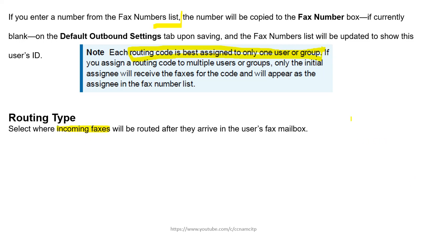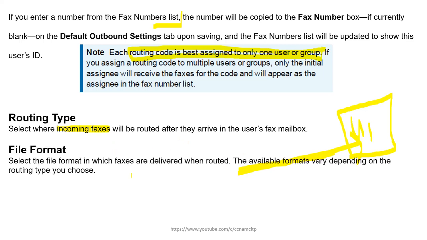For example, this is user 1 mailbox, so routing will tell it to go to this folder, but by which mechanism it should go, that we can define from routing type. Okay, file format: the incoming fax will be delivered to that particular fax mailbox, but in which format, that is also we can define here.